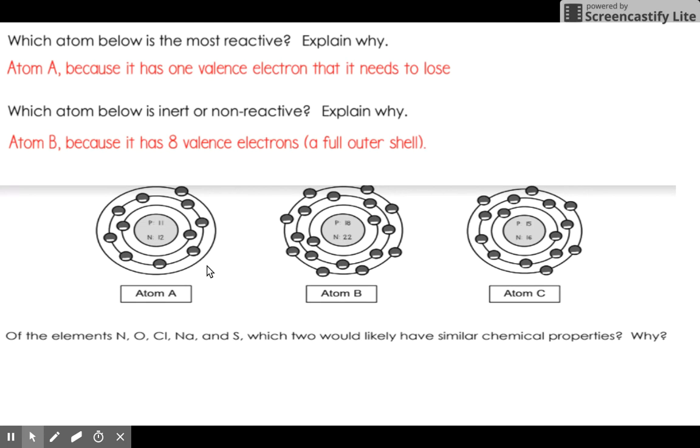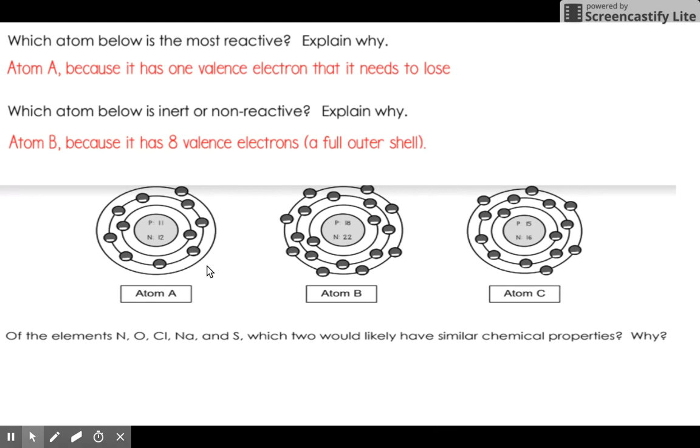The last question. Of the elements N, O, Cl, Na, and S, which two would likely have similar chemical properties and why? To have similar chemical properties, the elements must be in the same group, not period.